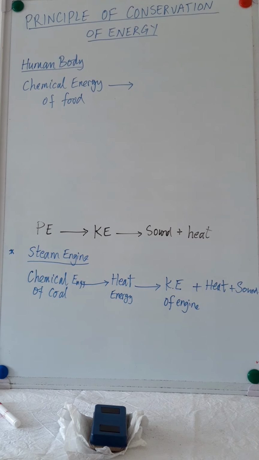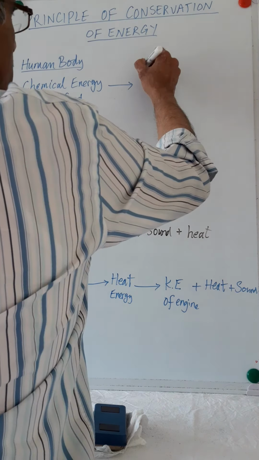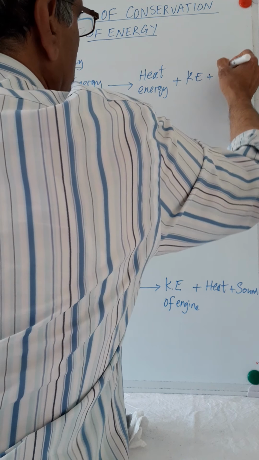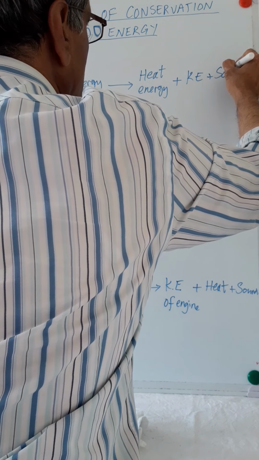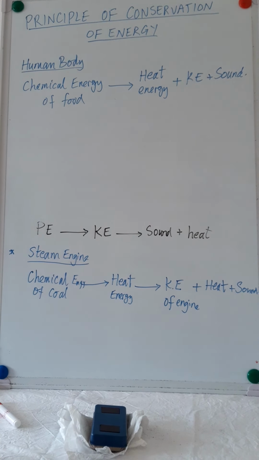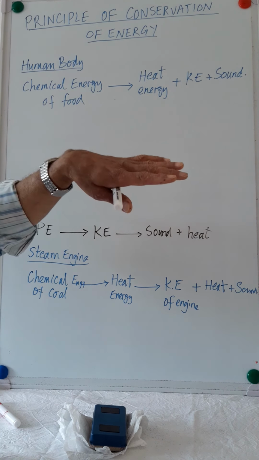The chemical reactions in my body produce heat, so this is converted into heat energy. Plus, I also have energy to move around, plus kinetic energy, plus sound energy. Sound is a form of energy. So a human body converts chemical energy to heat energy, plus kinetic energy, plus sound energy.